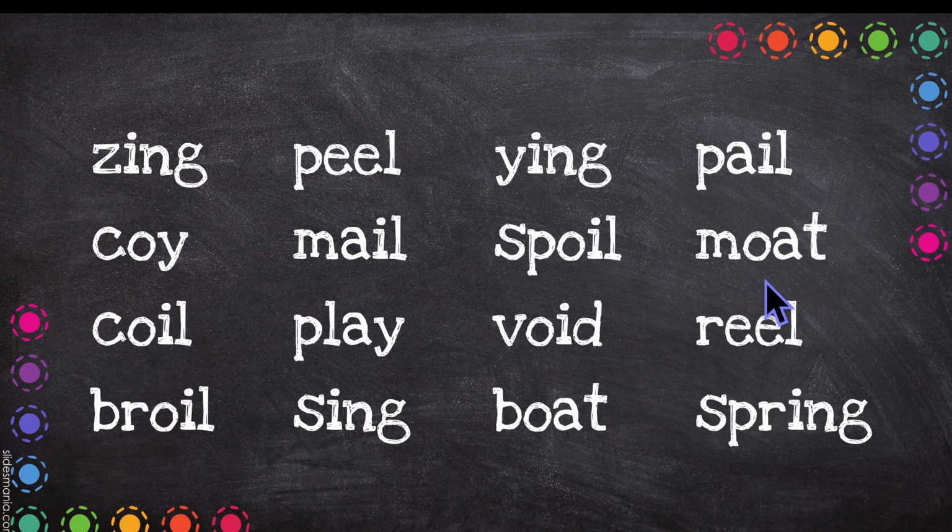Oat, moat. We have a letter C. Let's use our rule. Is this an E, I, or a Y? It is not. So we use the first sound. K. K. Oil, coil. P, L, A, play. V, oid, void.